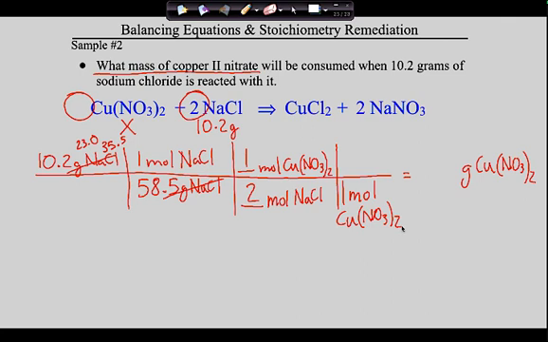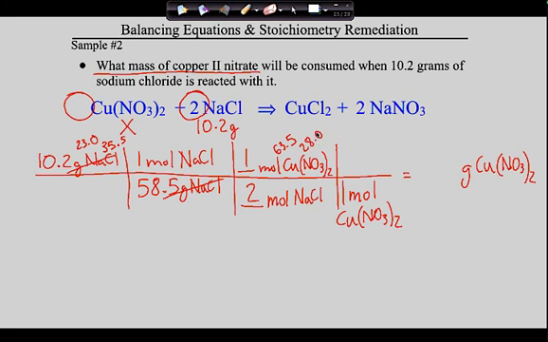And now we need to figure out the mass of copper 2 nitrate. So looking up copper, we find out that it is 63.5. Looking up nitrogen, nitrogen's mass is 14, but you'll notice that there's 2 of them, so that would make the total mass of nitrogen 28.0.